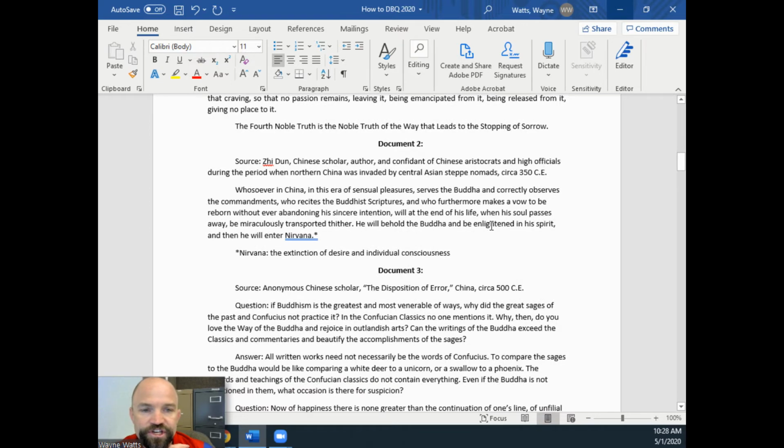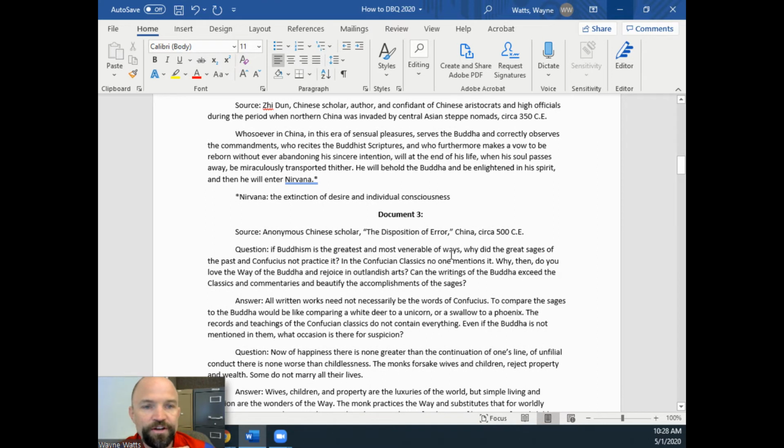Document number 2. The source is Ji Dun, a Chinese scholar, author, and confidant of Chinese aristocrats and high officials during the period when northern China was invaded by Central Asian steppe nomads circa 350 of the Common Era. Whosoever in China in this era of sensual pleasures serves the Buddha and correctly observes the commandments, who recites the Buddhist scriptures, and who furthermore makes a vow to be reborn without ever abandoning his sincere intention, will, at the end of his life, when his soul passes away, be miraculously transported thither.